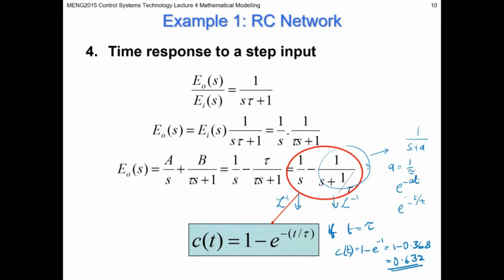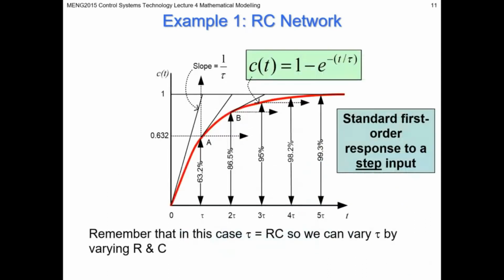If the system has this property, this characteristic of being a first order type system, you're always going to get this. And what's more, you could calculate the same thing at other values. So you could look at 2 tau, 3 tau, any multiplier of tau, of course. You could calculate, well, what's my output going to be at that value, because the taus cancel and you get a number for your exponential term here.